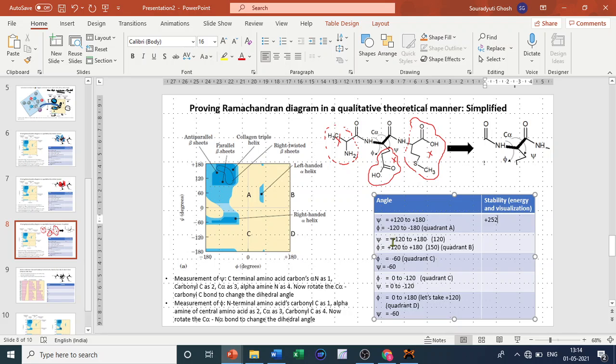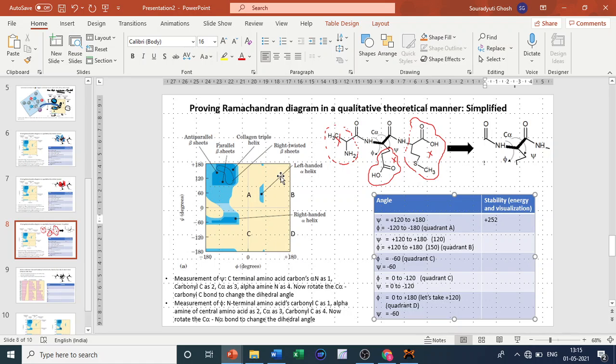So we'll keep the psi unchanged because they have similar numbers, and we'll keep it close to 120, and we'll change the phi to plus 120 to 180 degrees. So let's keep it at 150. If we look at it, psi 120 is somewhere here, and phi 150 would be somewhere here.